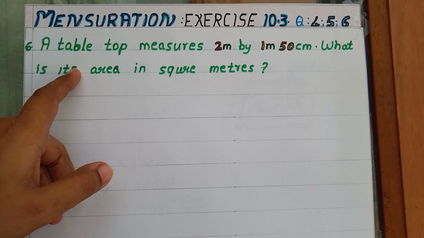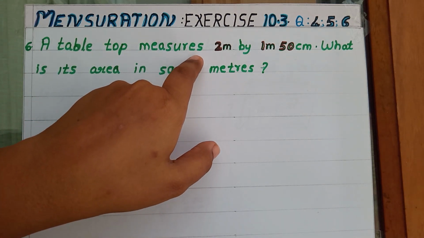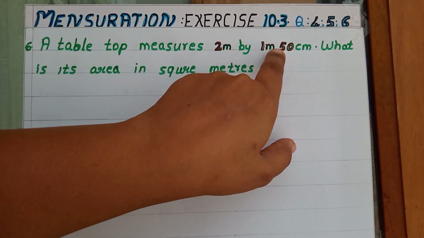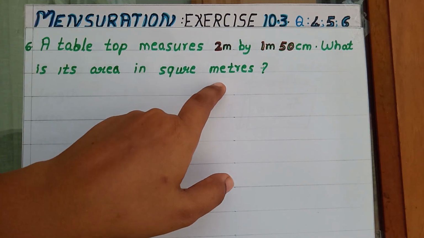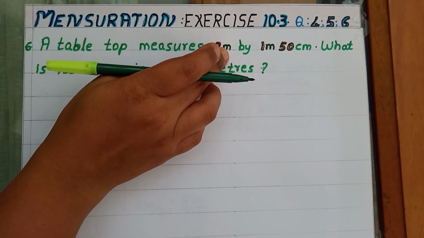Next question is, a tabletop measures 2 meter by 1 meter 50 centimeter. What is its area in square meters? So they have given the length and breadth.